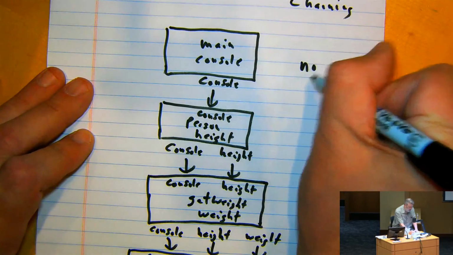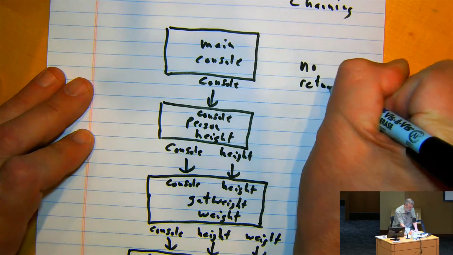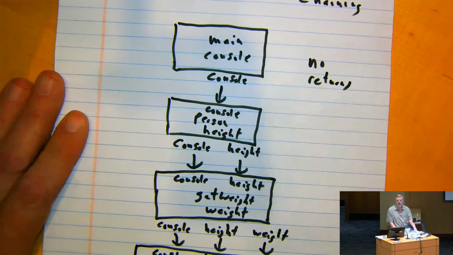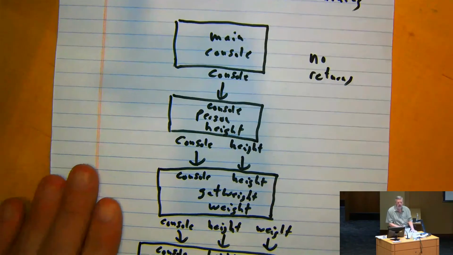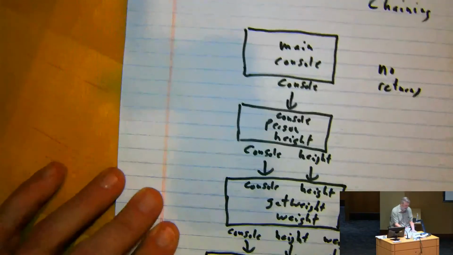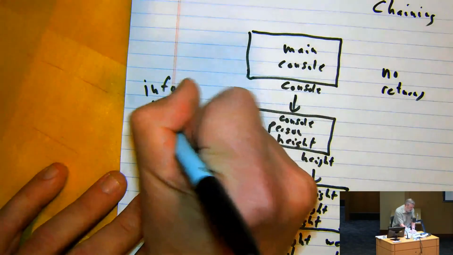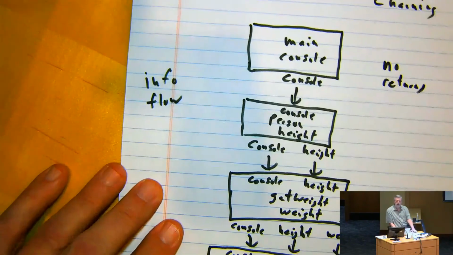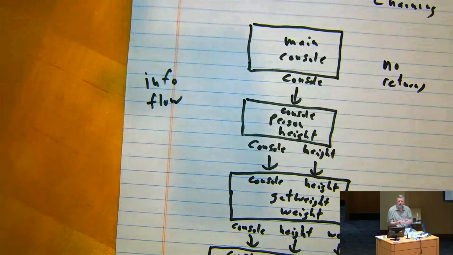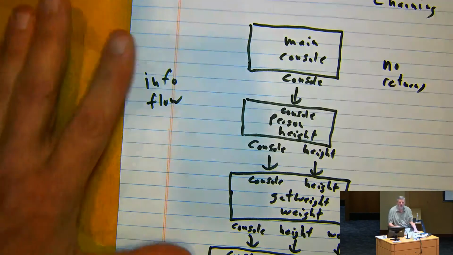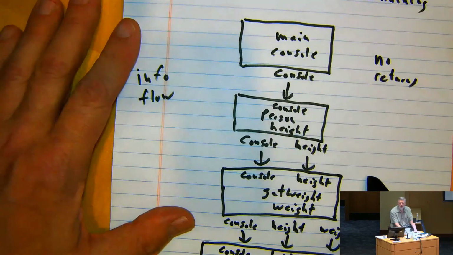there are no returns. This version of the program has no methods that return anything. All of the information flow, remember that, and this is really what this is about, is information flow, and what would be a good decomposition that has good information flow versus not very good information flow.